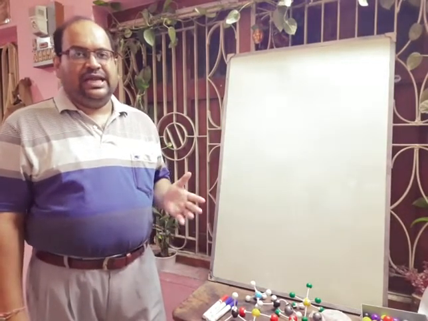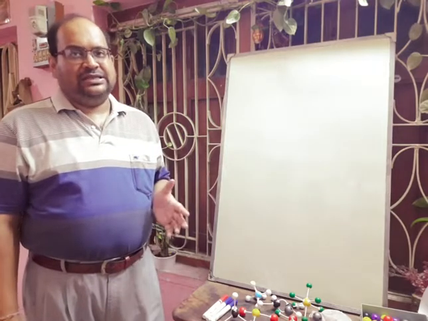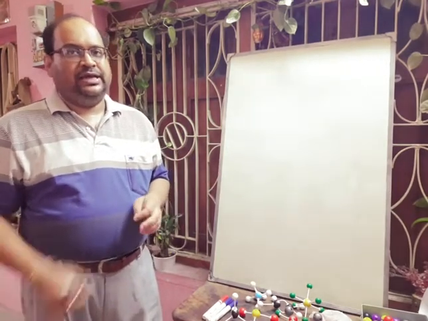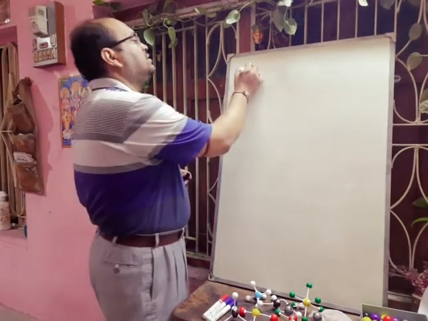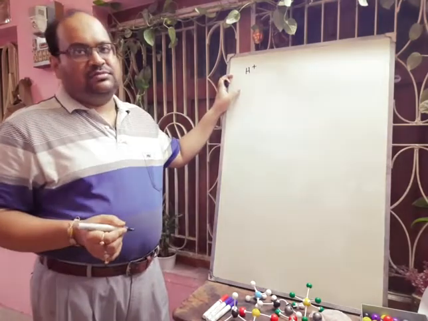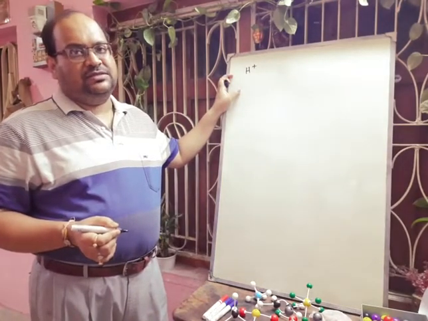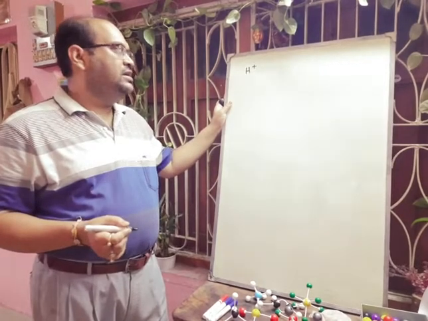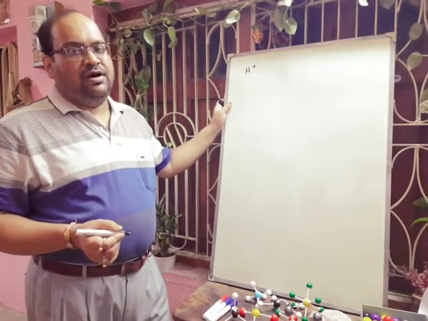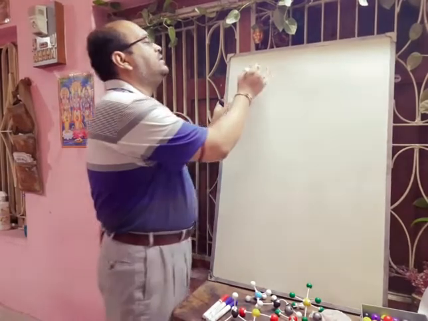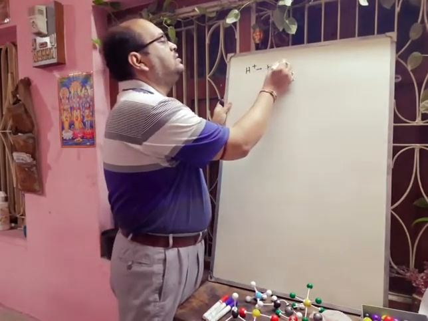Generally, monovalent radicals have a unit positive charge, like H plus, which is called the hydrogen radical. Actually H plus does not exist, because here only one proton is there. So better we write H3O plus, the hydronium ion.